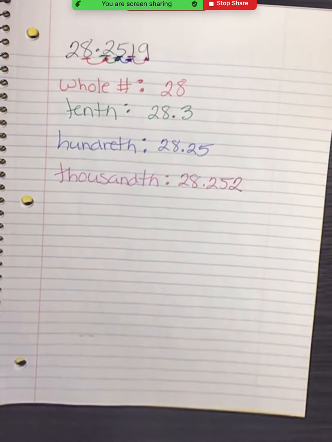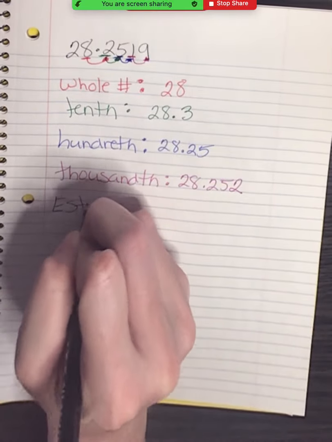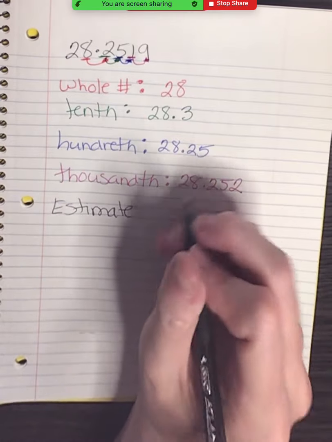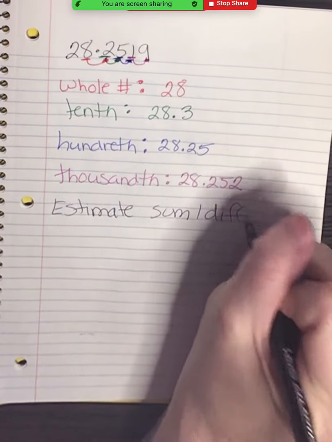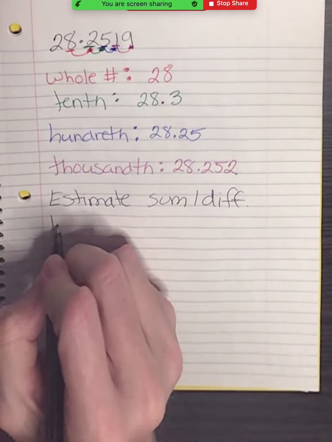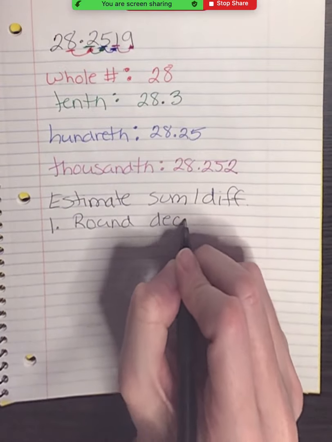Then you use the rounded decimals to add or subtract, or to find the sum or difference. Okay, you round first, then add or subtract.